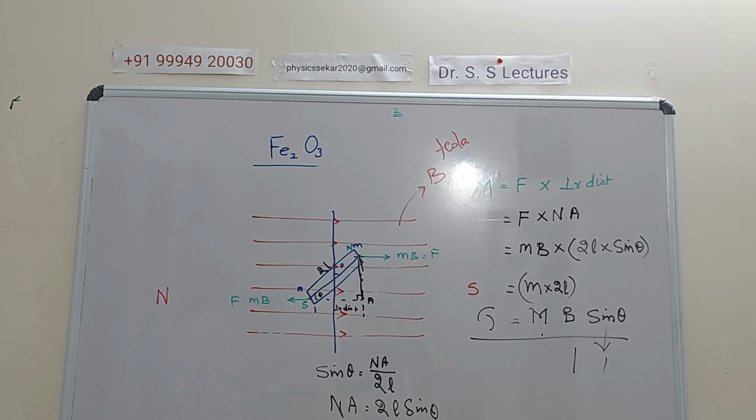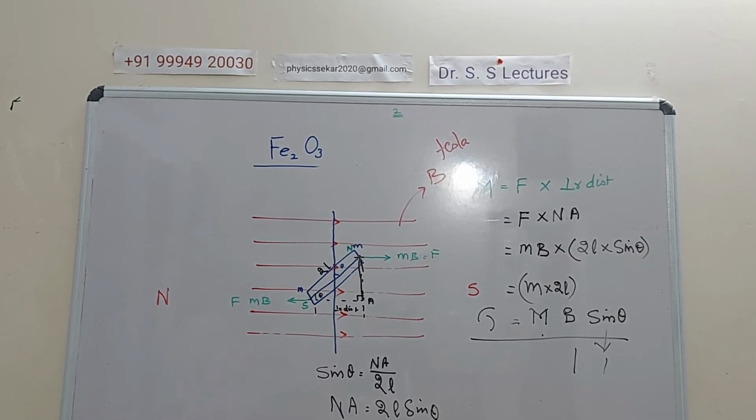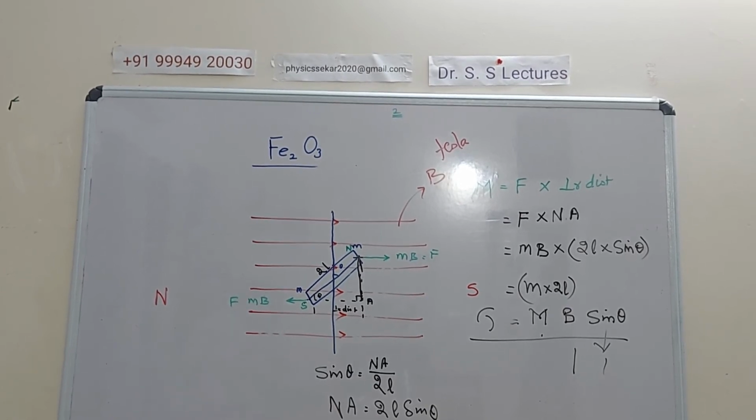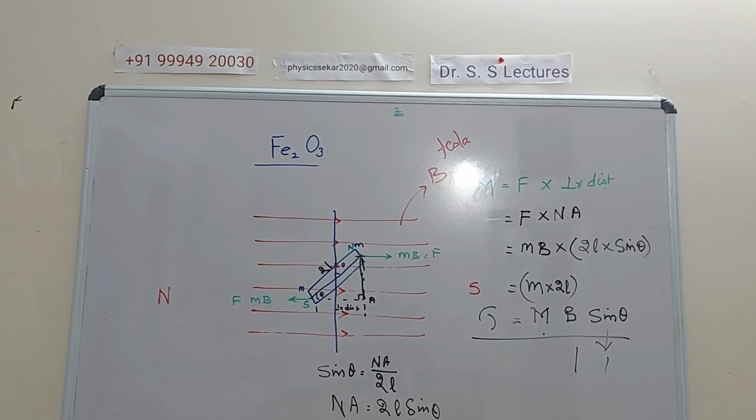So we have to consider what is the work done in a deflecting magnet in a uniform magnetic field. What are the basic properties of the magnetic lines of forces? For reasoning questions and high order thinking skill questions, this basic information is very much useful. Magnetic lines of force originate from the North Pole and terminate at the South Pole.